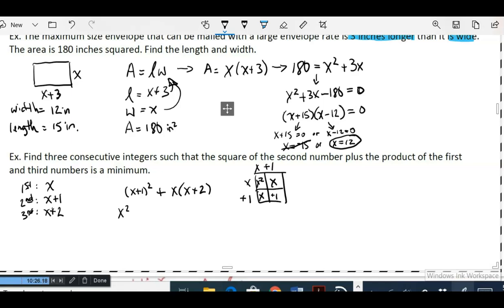So you get x squared plus 2x plus 1 plus, and then multiply this one out using the distributive property. X times x would be x squared. And x times 2 would be 2x. So then we can combine all these like terms, and we get 2x squared plus 4x plus 1.